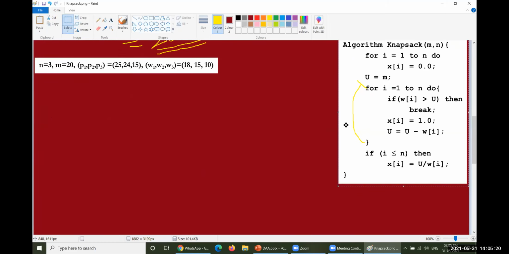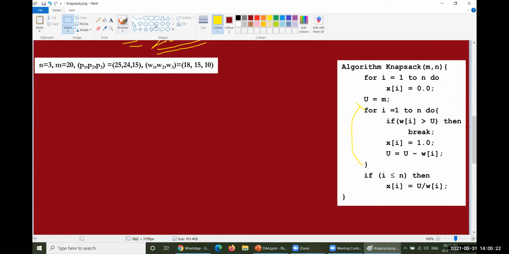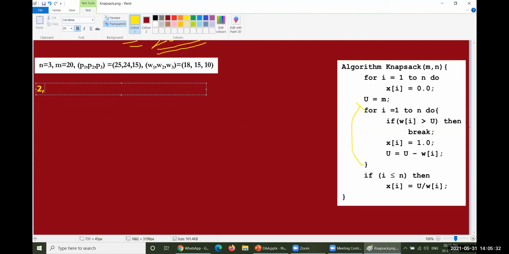So look at this. As far as this particular algorithm is concerned, the second thing will be minimize weights. Minimize weights is suggesting that you have to sort the given instance based on the weights in non-descending order.